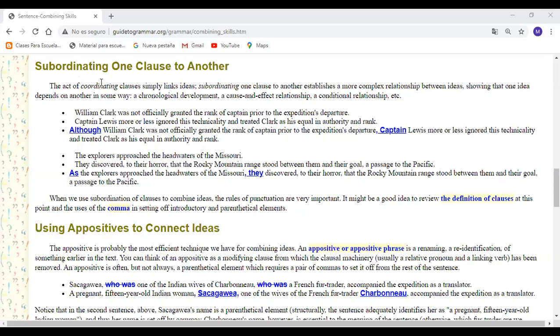Rule number 1, introductory phrase or clause.